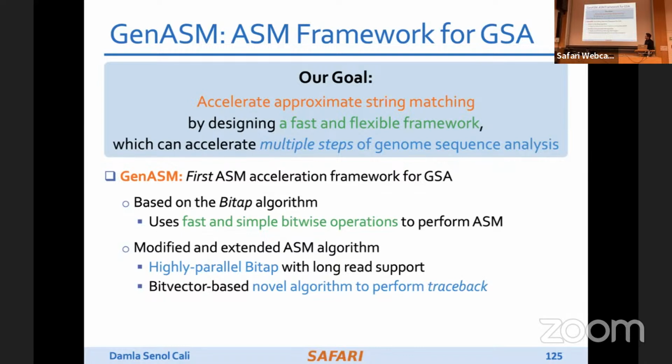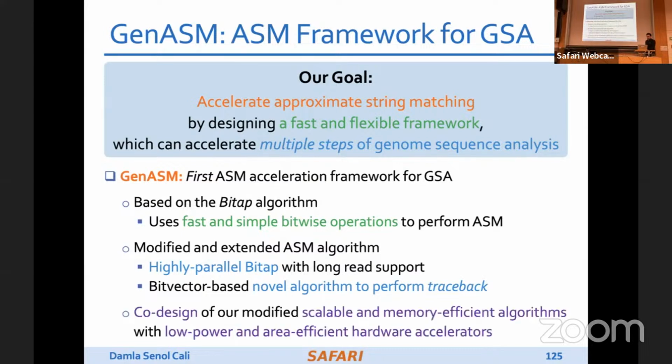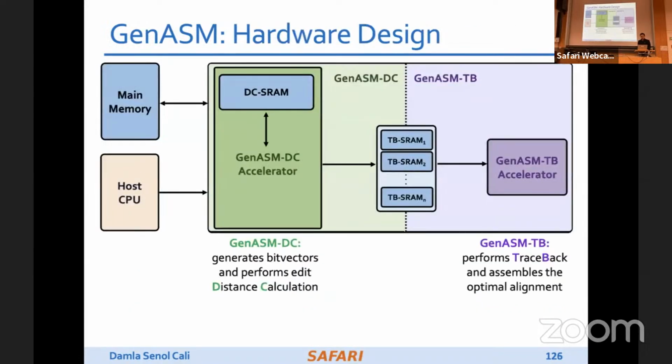This is actually the first work that shows that on the algorithmic level as well, not just the hardware level, BiTAP can do more than what it can do, let's say. I'll simplify it for now, but in the later slides, I'll explain what it means. So we co-design algorithm and hardware together, and also optimize the memory placement so that we can reduce the data movement in Gasm.